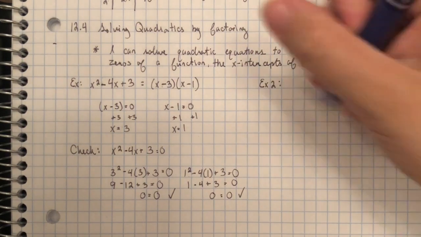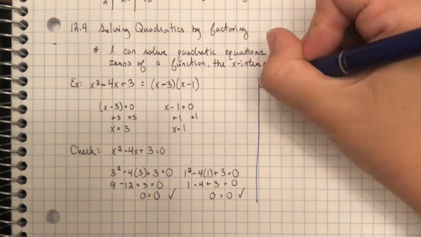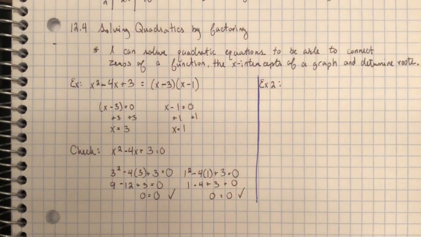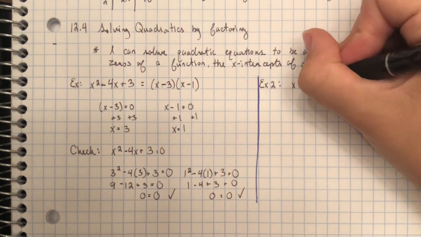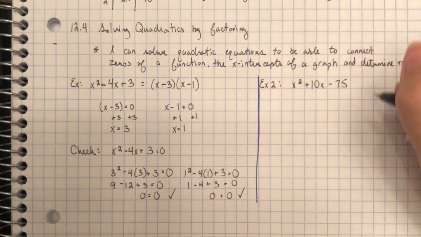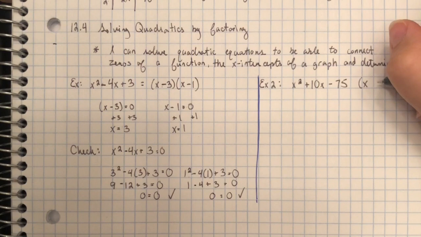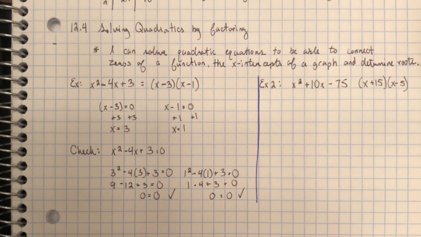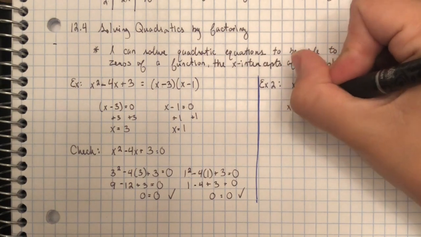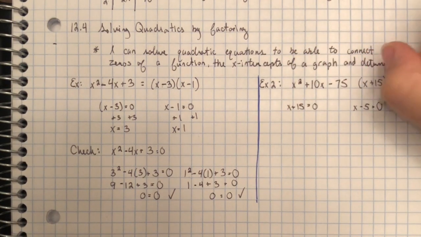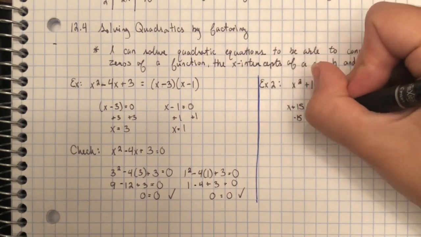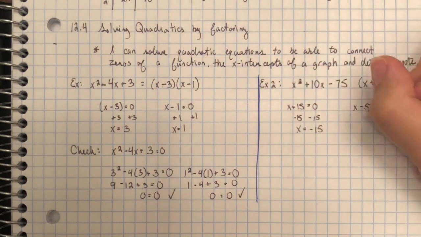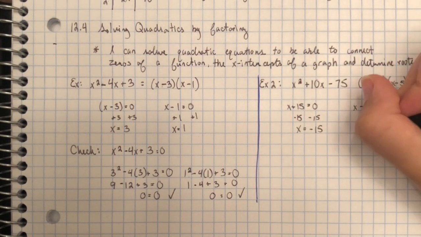I'm going to do a second example, x squared plus 10x minus 75. When I think about the factors of 75, I've got 1 and 75, 3 and 25, 5 and 15. 5 and 15 are the ones that are going to give me a sum of 10. So I'm going to use a positive 15 and negative 5.